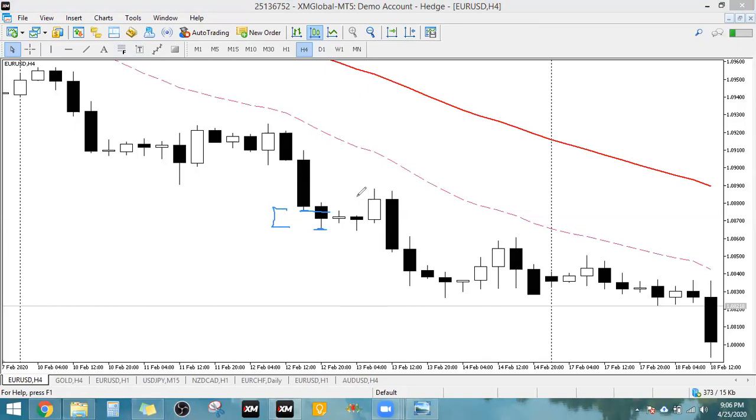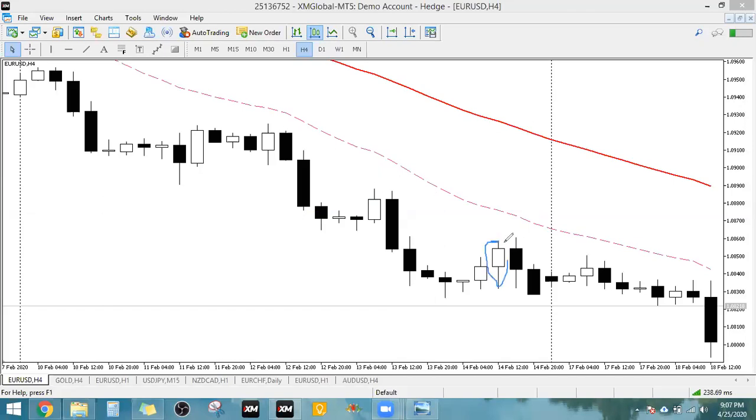Yun ang ginagawa niya. Let's have another one. For example, itong candlestick na to. Ito yung recent low niya. Yung next candlestick, ito yung pinakamababa. So, ang sinasabi nito, pababa yung directional movement. Yung pataas na directional movement naman, ito yung itsura.